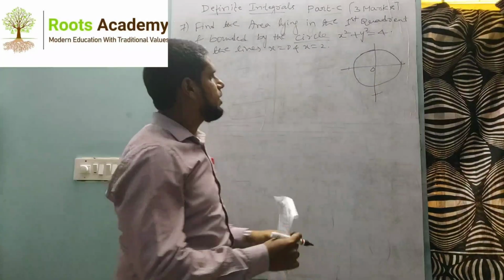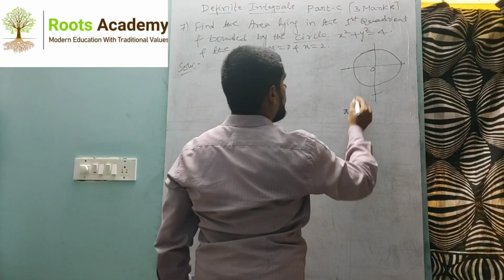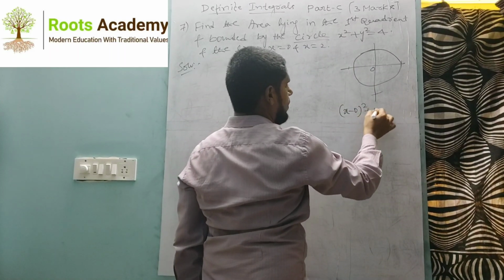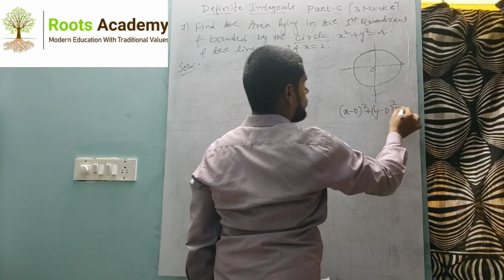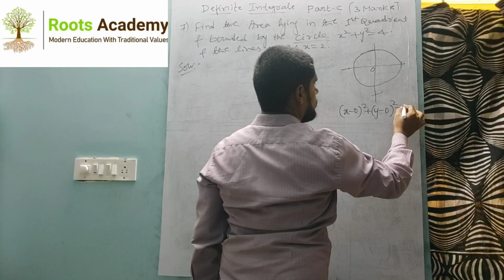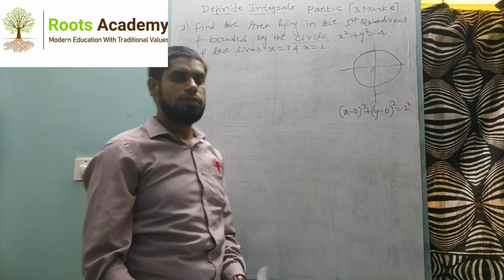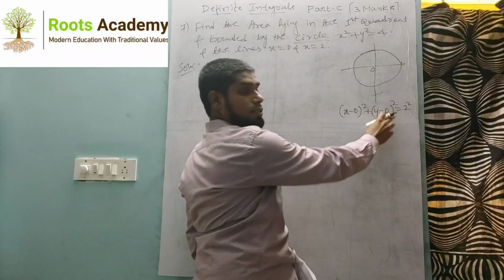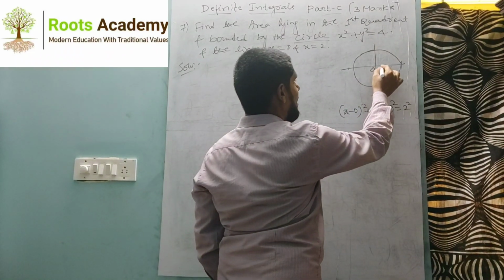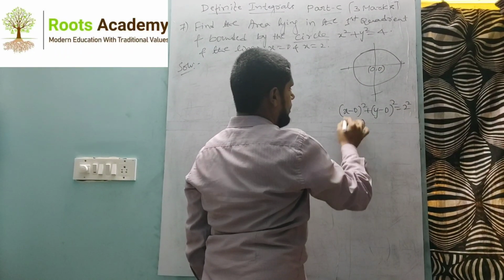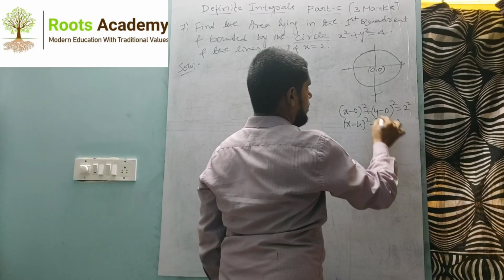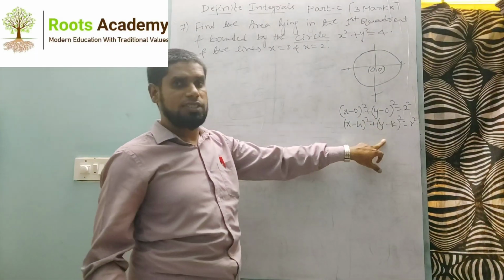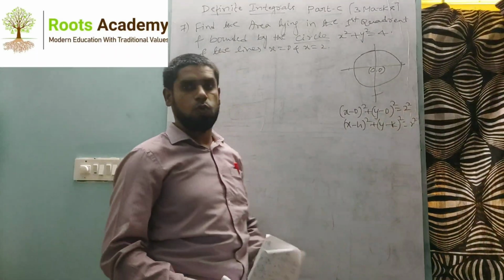Here, since the circle passes through the origin, it is x minus 0 whole square plus y minus 0 whole square is equals to 2 square. Here the center is 0, 0. If you compare these two equations, then the radius is 2.